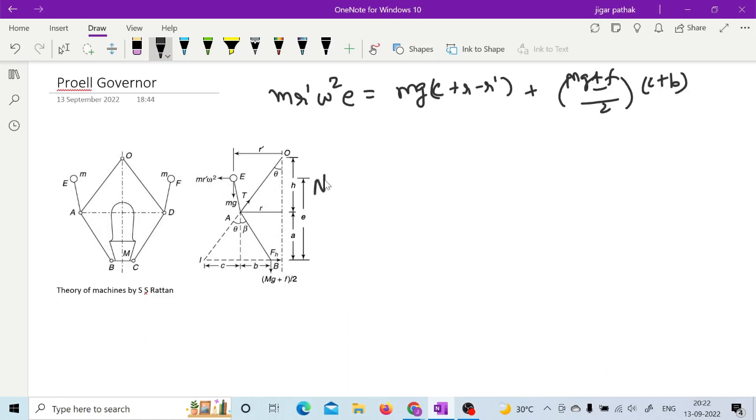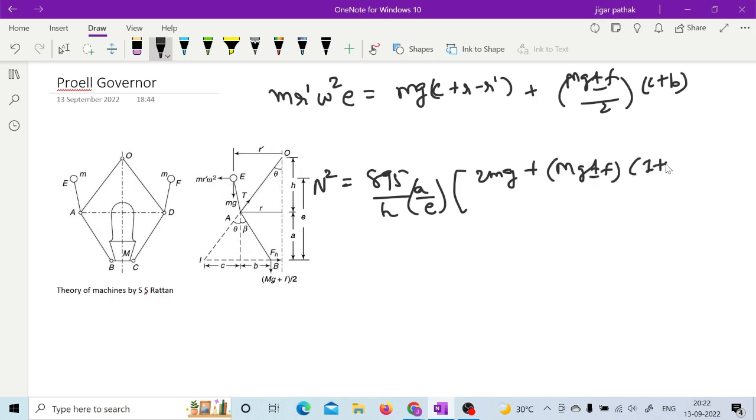I am writing the final equation that N square is equal to 895 by h into a by e, right, where a is this distance and e is whatever extra distance we have provided to those fly balls by extending the lower links. So a by e, and then whatever we have already had in our previous derivation, it will be the same, right, divided by 2 mg.